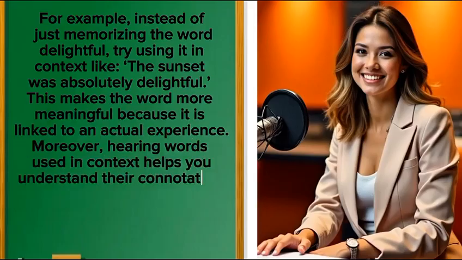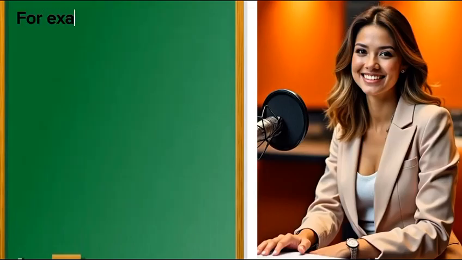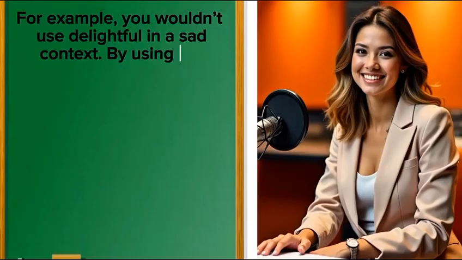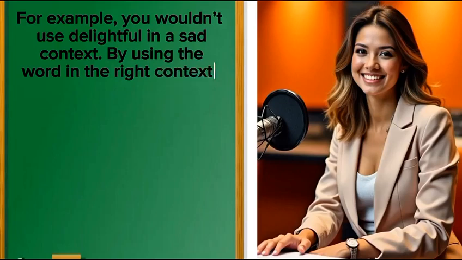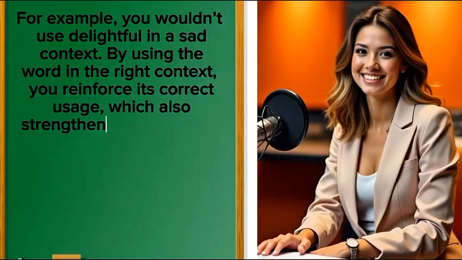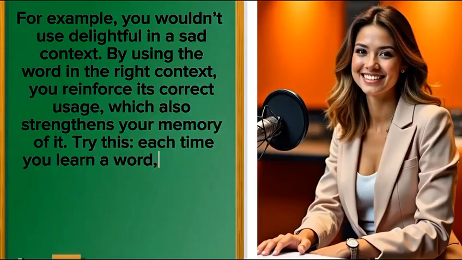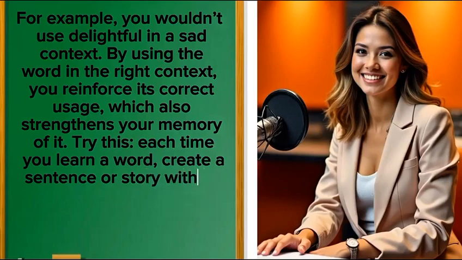Moreover, hearing words used in context helps you understand their connotations and nuances. For example, you wouldn't use delightful in a sad context. By using the word in the right context, you reinforce its correct usage, which also strengthens your memory of it. Try this. Each time you learn a word, create a sentence or story with it.